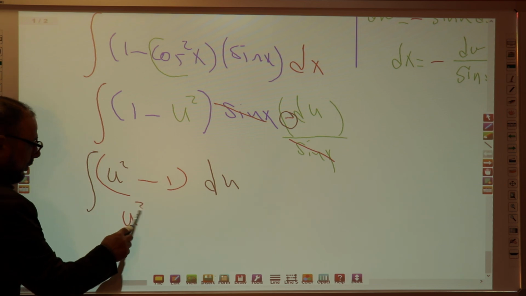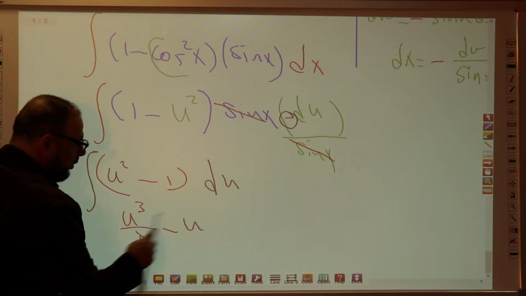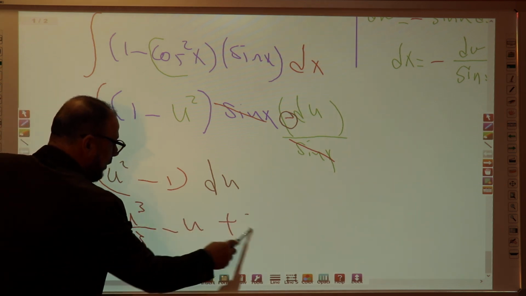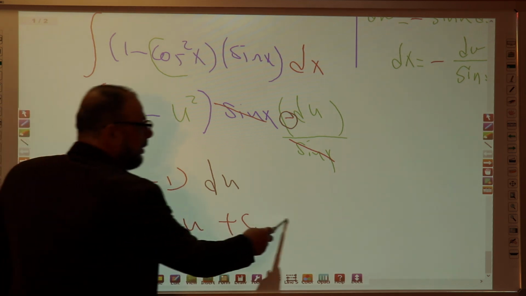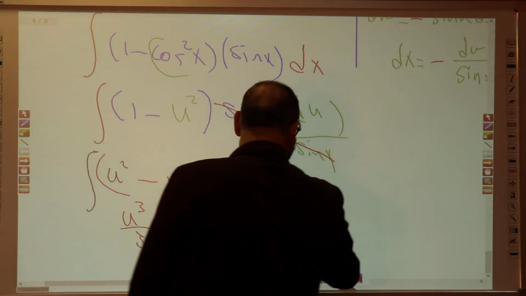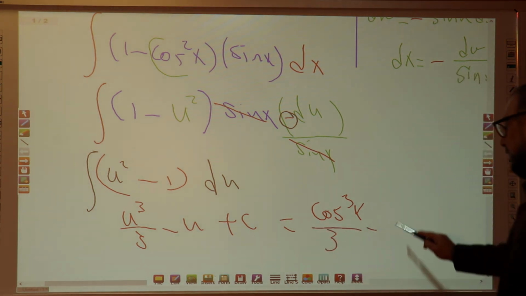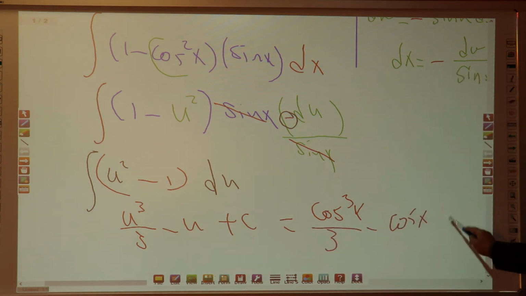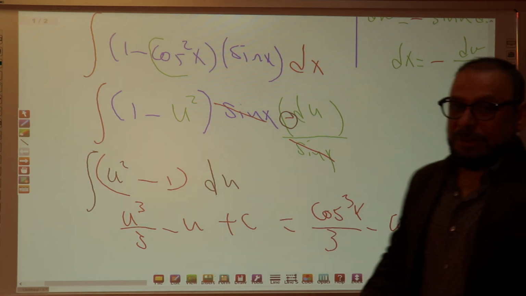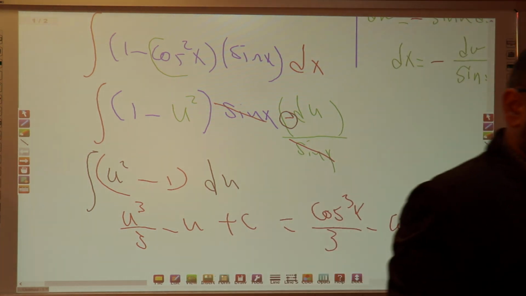Now u cubed over 3 minus u plus c. Now bring u back as is, cosine: cosine cubed x over 3 minus cosine x plus c. Good.